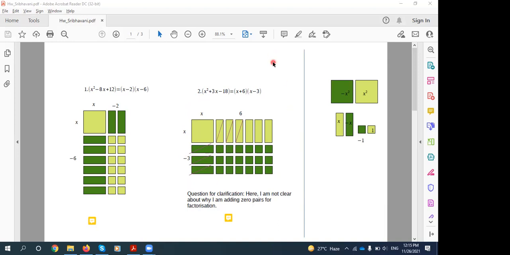The other thing is, the factorization is a reverse process, like subtraction, like division. The direct process is the multiplication. Now, if you multiply these two, the picture will look exactly like this. And remember, in that case, we removed the zero pairs. So since we are doing the reverse process here, we need to add the zero pairs.